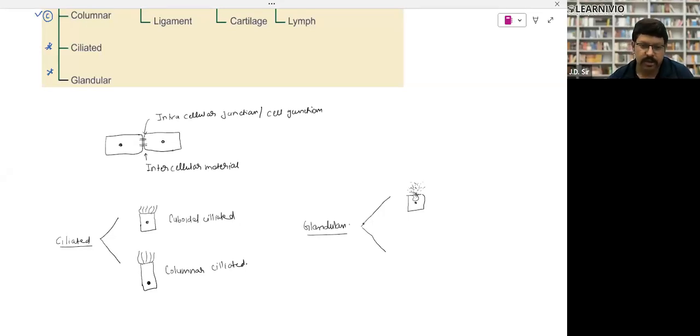So this is cuboidal glandular, right? And this one is secreting something, and this is columnar glandular. Got it?